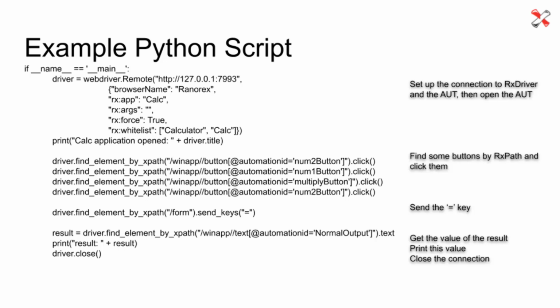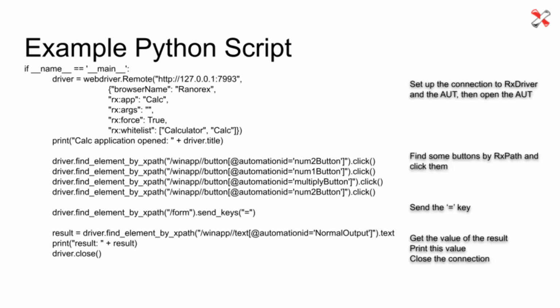So we will find a couple of items by Xpath. If you look at the Xpath here, you can see we're looking for the number 2 button, which we will then click. We will then find an element by Xpath, the number 1 button, and click that. And then we will find the multiply button and click that. And then click the number 2 button again.